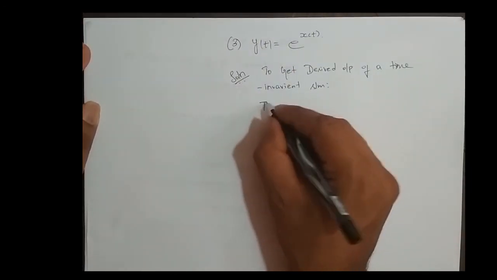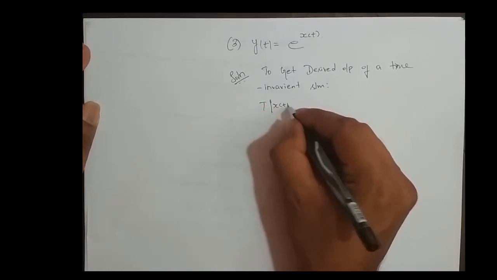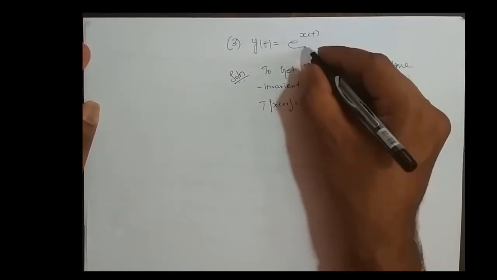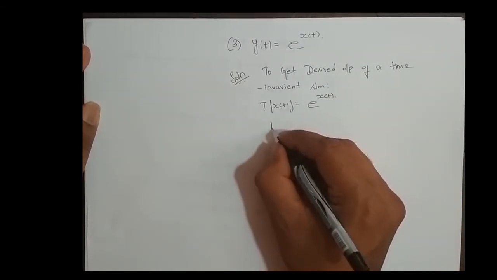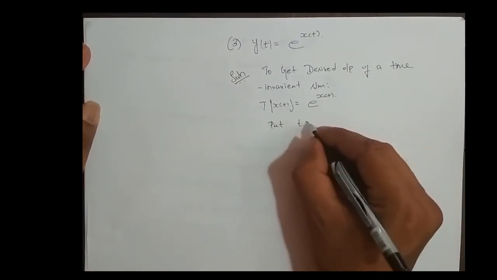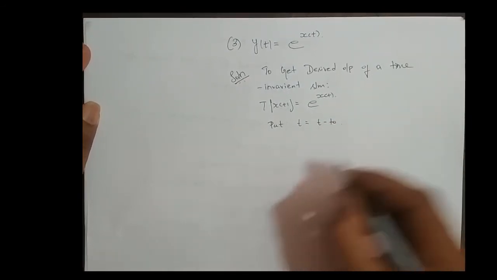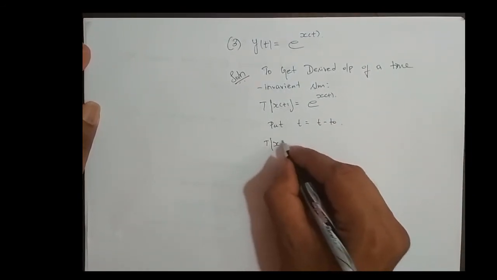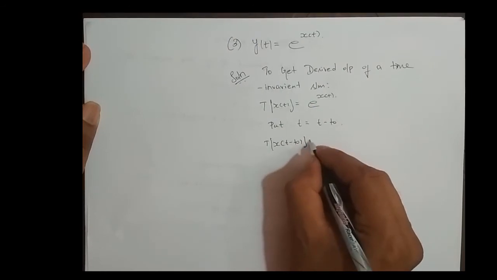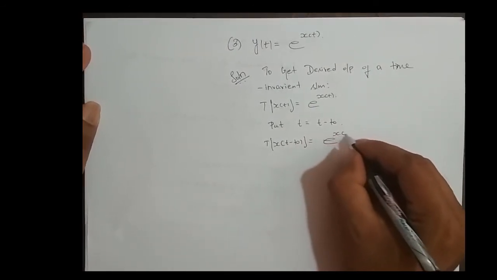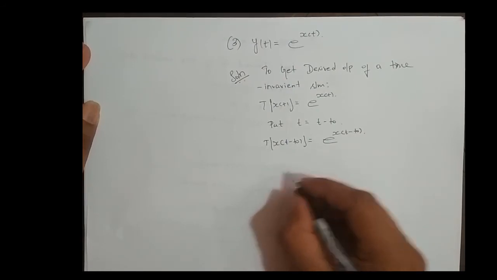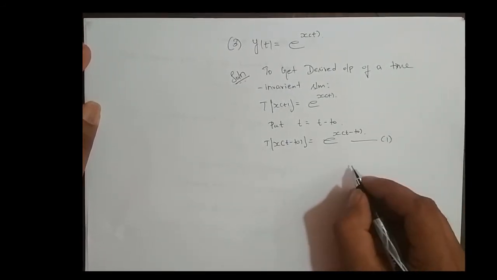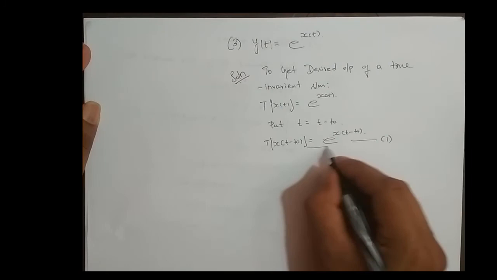We will convert the system into transformation of x of t is equal to y of t, and y of t is e power x of t. So what is the next step? So put t is equal to t minus t naught. So transformation of x of t minus t naught is equal to e power x of t minus t naught. Okay, so this is the desired output of a time invariant system.